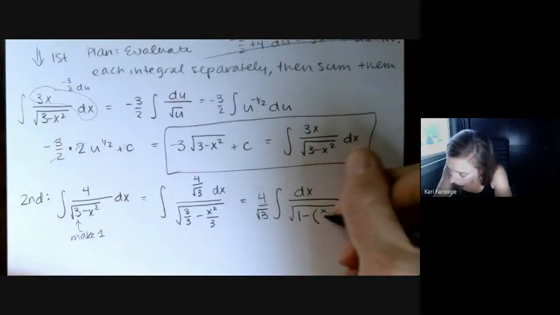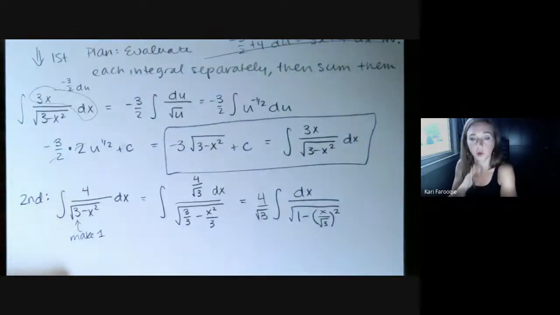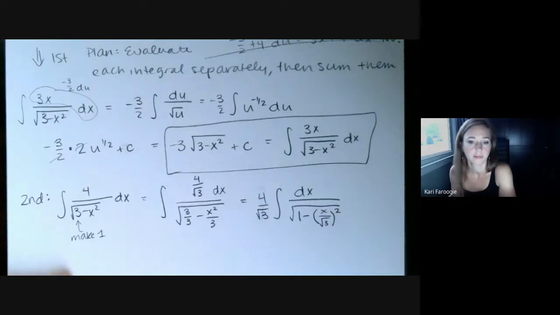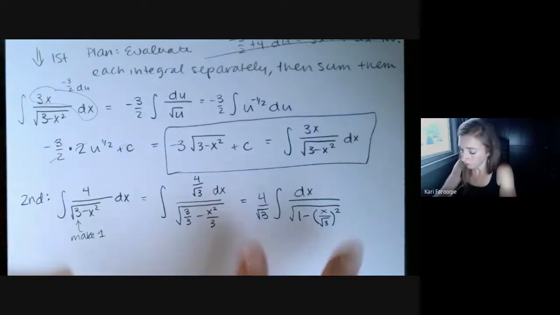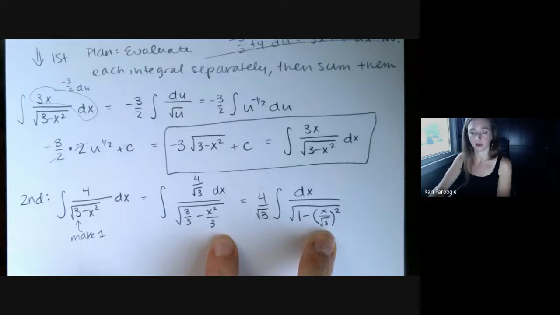In order to write it as a square, you're going to have to write it as the square root of 3 because the square root of 3 squared gives you 3. Your goal here is to make these two exactly the same as they were, just in a different form. So x over root 3 times x over root 3 is x squared over 3. You haven't actually changed anything.